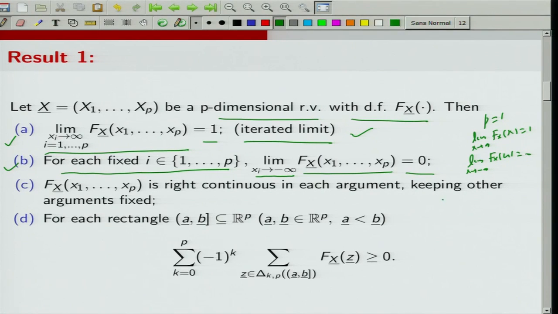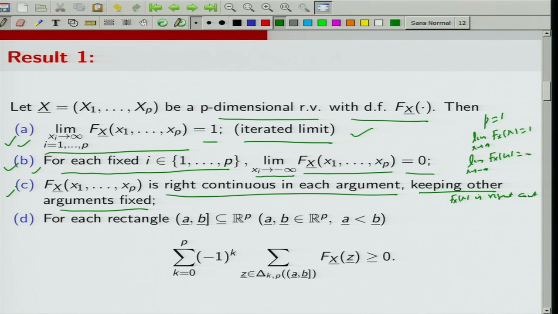We also saw in the p equal to 1 case F_X(x) is right continuous, which is here F_X(x1, x2, ..., xp) is right continuous in each argument when other arguments are kept fixed. So, these three properties are analogous properties for the case p equal to 1.